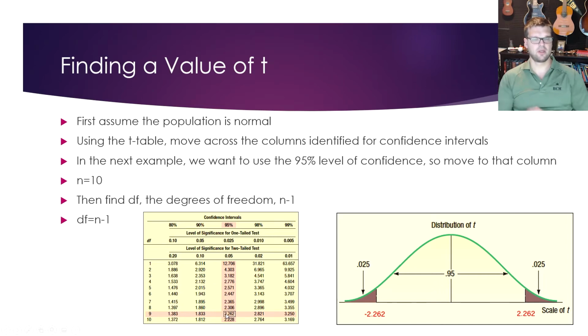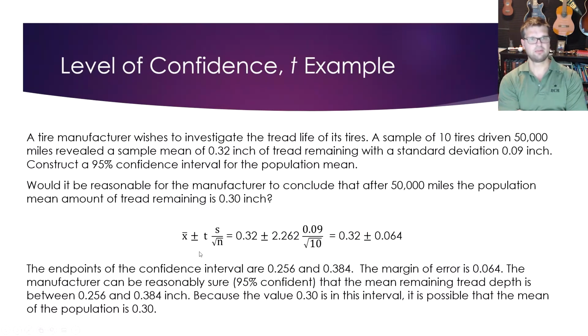So here we've got another real-world example. A tire manufacturer wishes to investigate the tread life of its tires. A sample of 10 tires driven 50,000 miles revealed a sample mean of 0.32 inches of tread remaining with a standard deviation of 0.09 inches. So in other words, they took a sample of 10 tires.